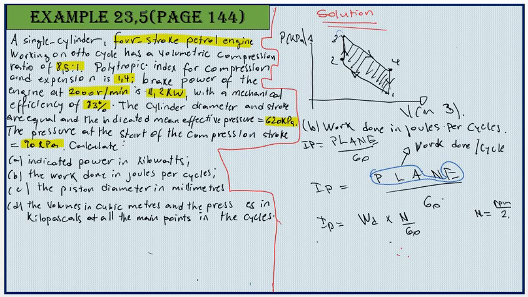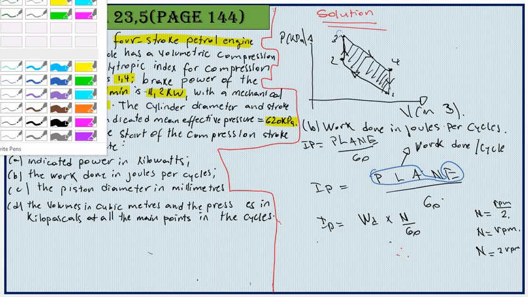But for a 2-stroke engine, N is equal to just the RPM. But for a double-acting engine, N is equal to 2 times the RPM value. So make sure that you understand this rule correctly.